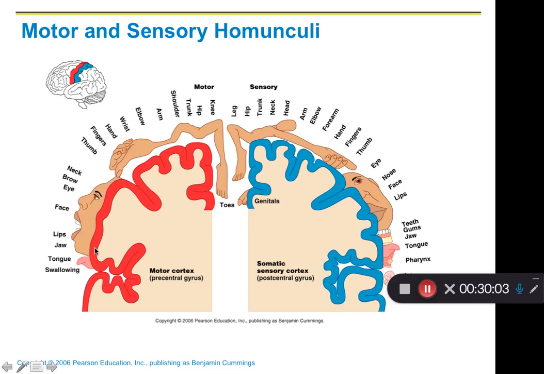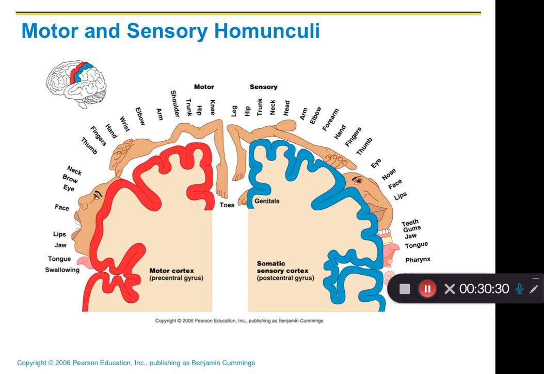Here we can also see our tongue and swallowing. The tongue is very small. However, compared to the other body regions, the tongue needs a relatively large region of the cortex.